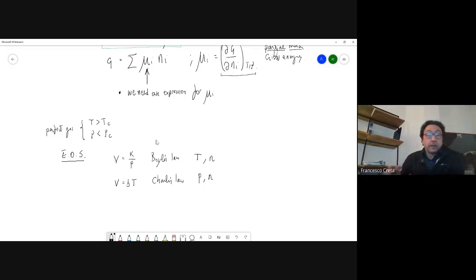Okay, and then finally we have that the volume is also proportional to the quantity of substance, and this is known as Avogadro's law.